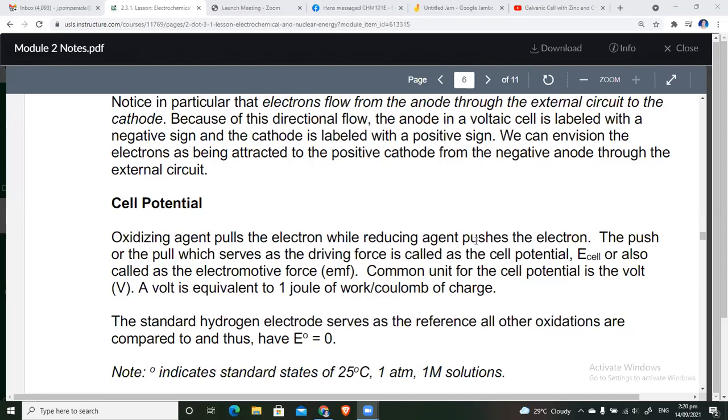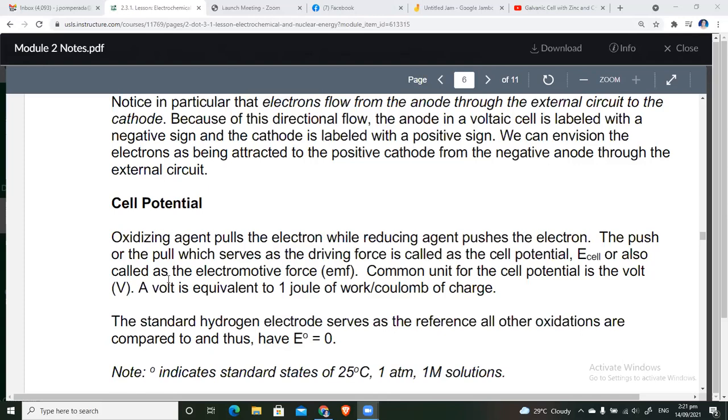The zinc is being oxidized, and the one pulling the electrons from the zinc away to neutralize itself is the copper. Why? What's the purpose of the copper? From its +2, it needs to convert itself to the neutrally charged copper metal. So that's the purpose. So the oxidizing agent, in our example, is copper. It pulls the electrons from the zinc, while the reducing agent pushes the electrons.